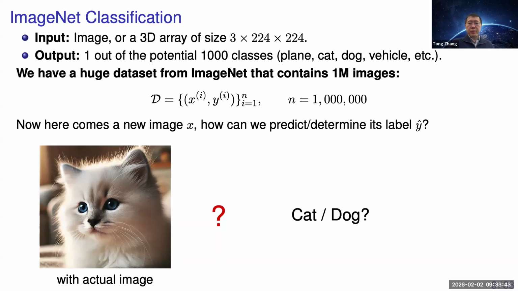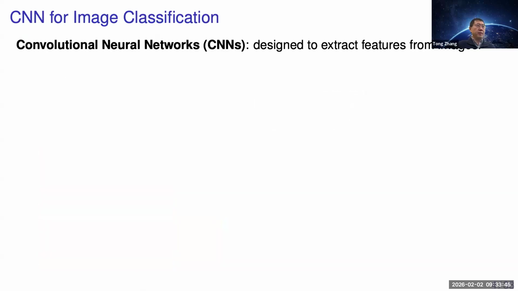Then the question, of course, is why we want to use CNN and what it is. CNN is called convolutional neural nets. To understand why we want to use CNN, we first want to say what's wrong with fully connected neural nets and what's the main difference. Certainly you can apply fully connected nets to this problem, especially when the image is small.